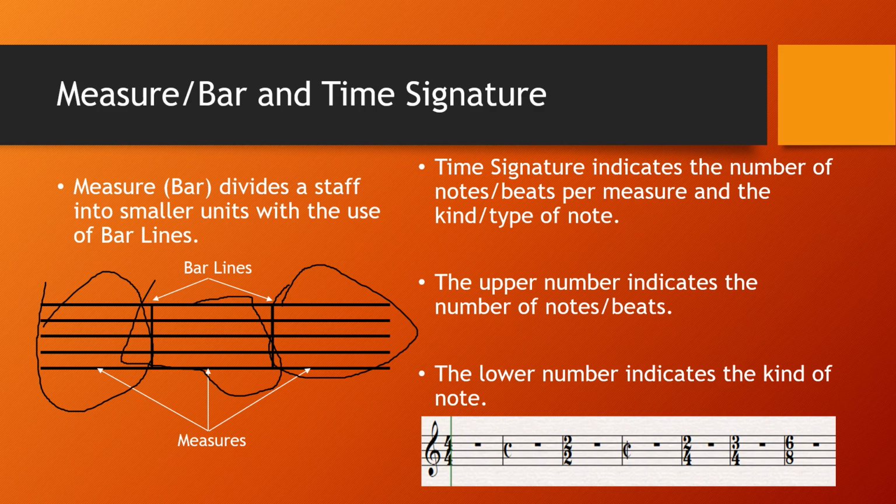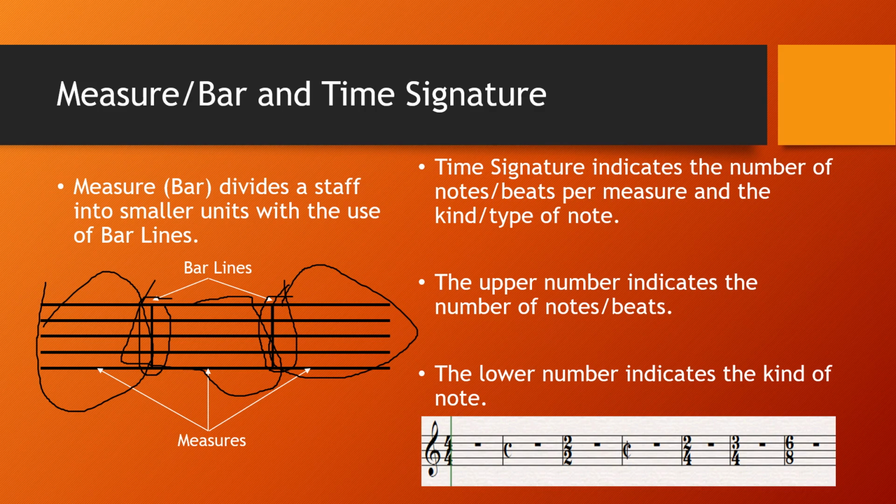So the lines here that connect or divide measures are called bar lines. This is another bar line. So that's all for measure and bar lines.